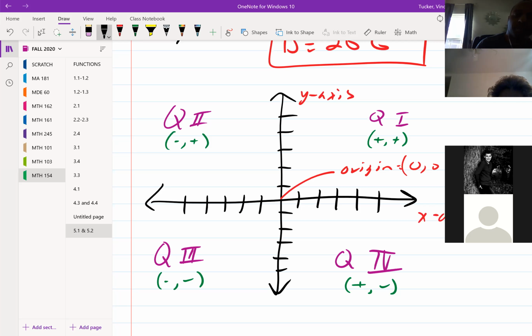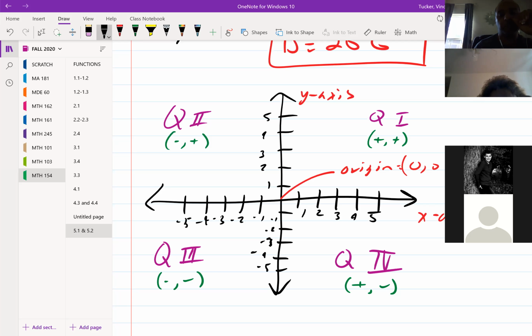What I meant to put is the fact that everything to the right of your origin is positive, everything to the left of your origin is negative, everything above your origin is positive, everything below your origin is negative. So that's what I meant by your positive moves and negative moves.